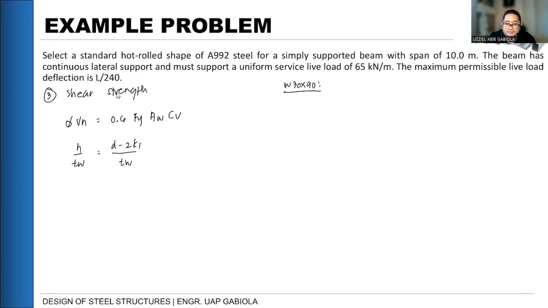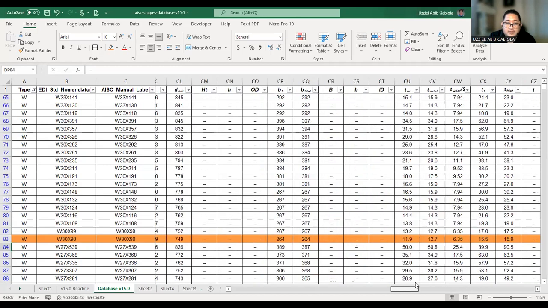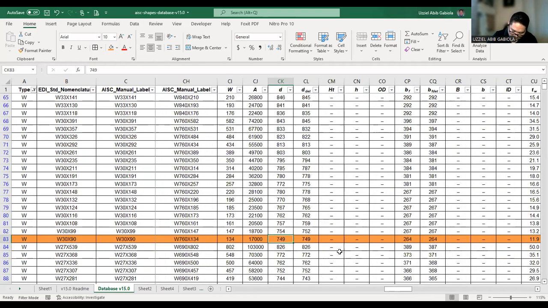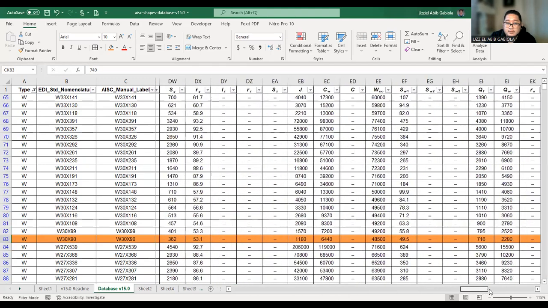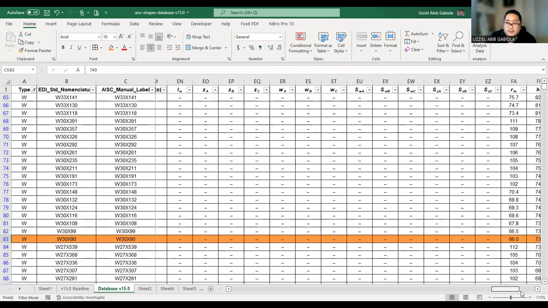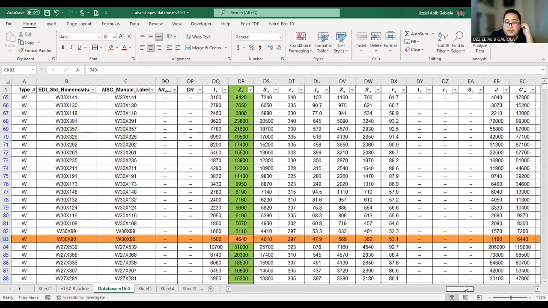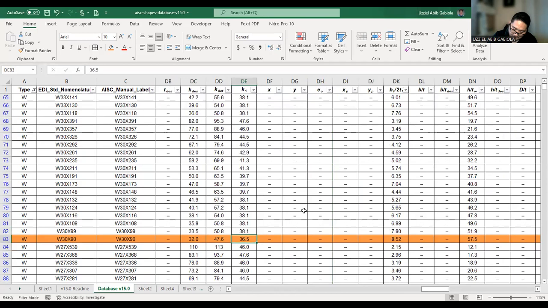Okay, ito. Kailangan natin ng value ng D. So, value ng D natin is ito, 749. Value ng K1, K1 is 36.5.